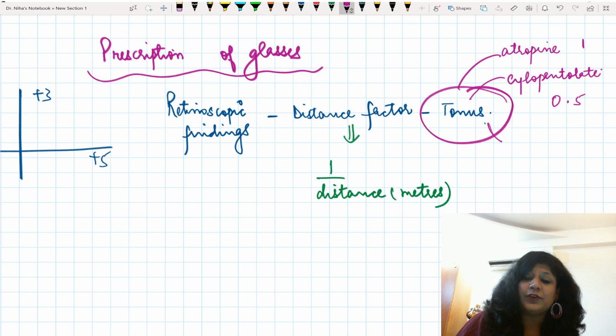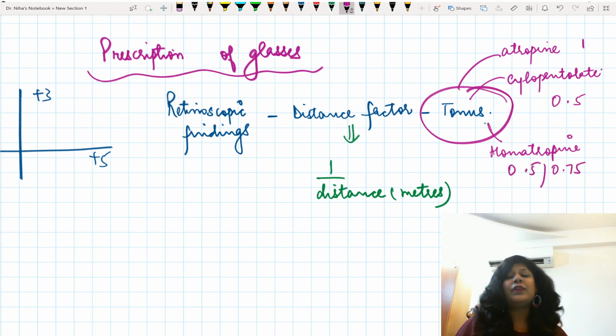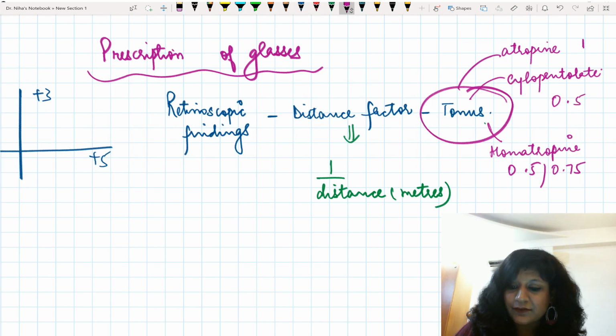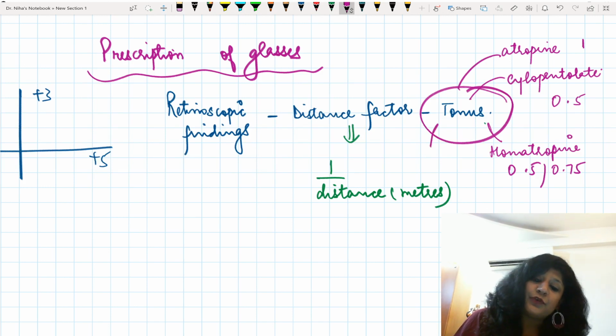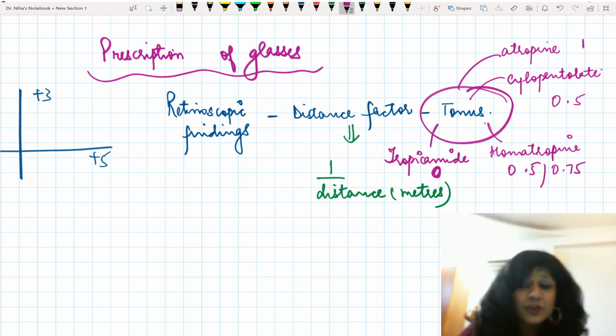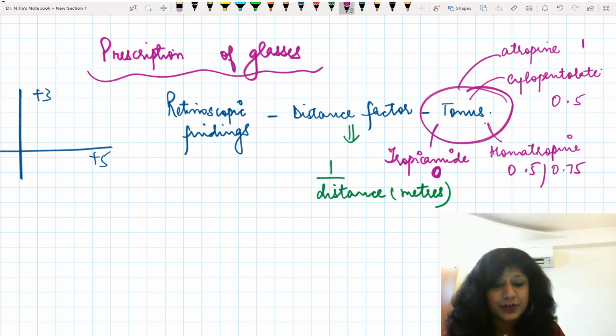And if you are using homatropine, for homatropine we have 0.5 or 0.75. So we have different kinds of allowances that we are using. And if you are looking at tropicamide, most of the times we are not reducing it, because for tropicamide the allowance is 0. So these are the tonuses that you have to reduce.